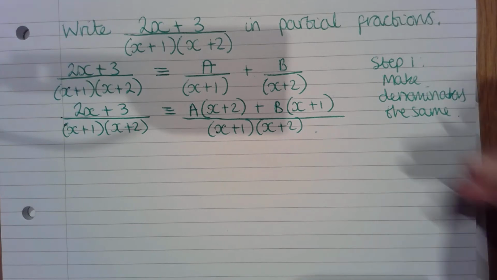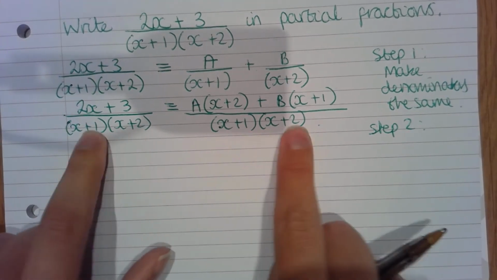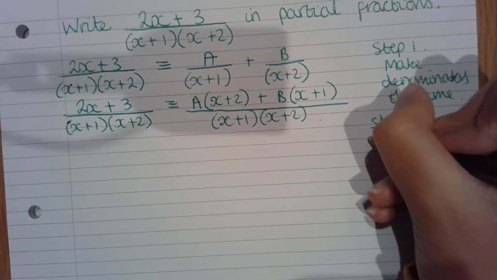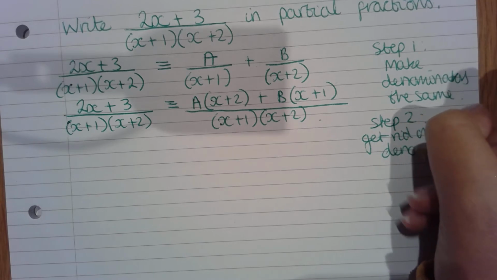So our step 2 is to multiply both sides by these denominators because then they're going to disappear. So we're going to get rid of denominators.